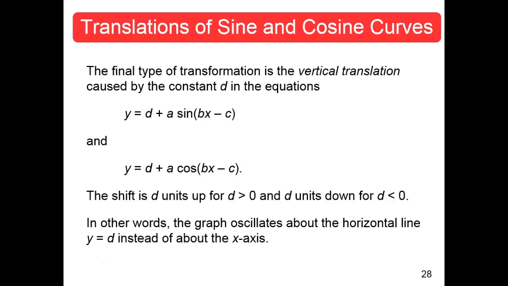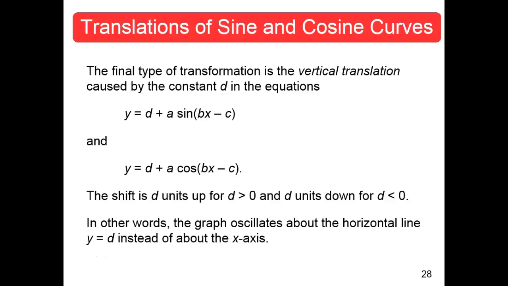In other words, the graph oscillates about a horizontal line, y is equal to D, rather than the x-axis. So what the D says is where your equilibrium is. So far, all of ours have been plus or minus the horizontal, the x-axis. But if you got a D here, that shifts everything up.